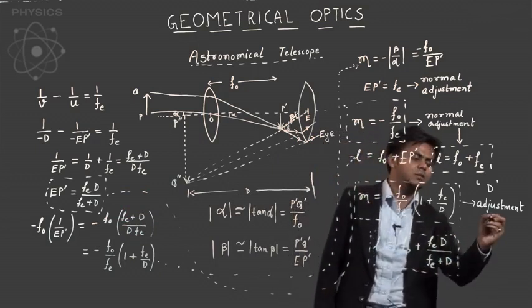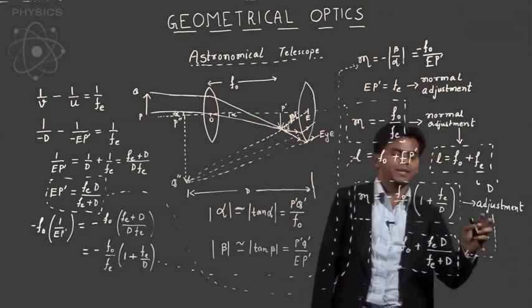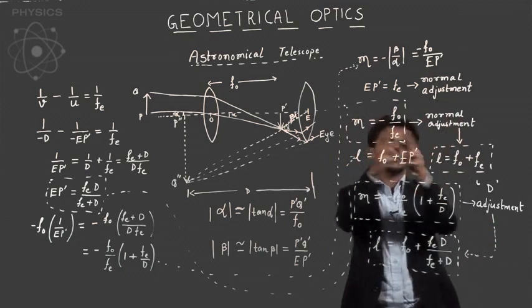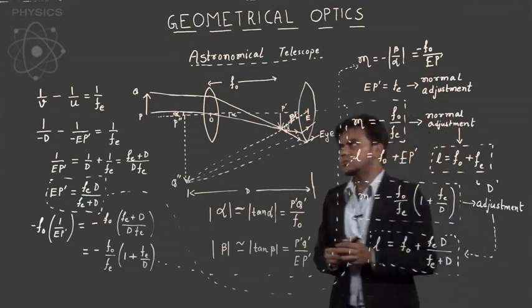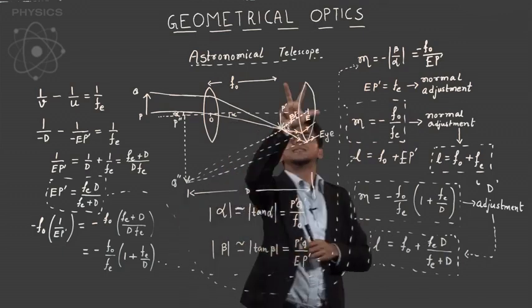What is D adjustment? This is your D adjustment, magnification, length of the tube. For normal adjustment, magnification, length of the tube. Now, again, just come back to this. For normal adjustment, this has to be FE.